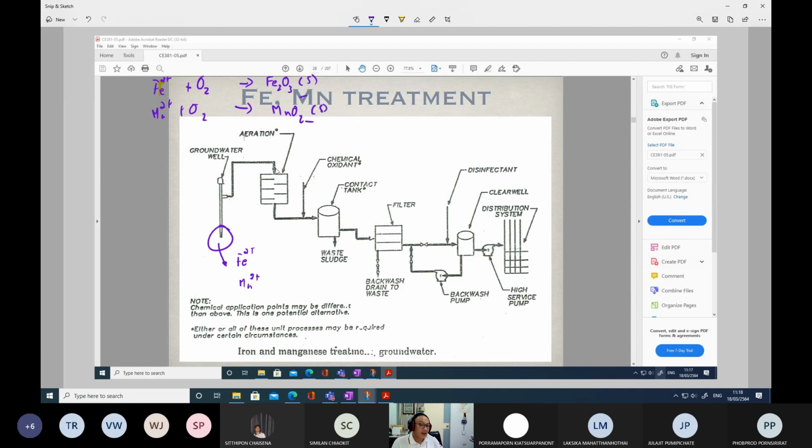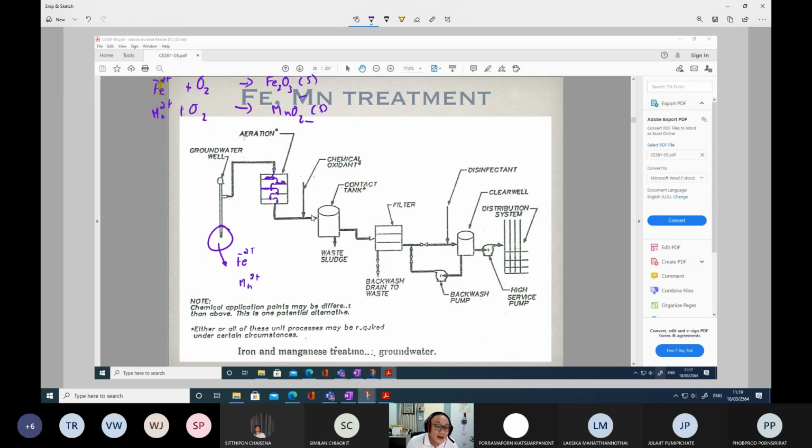So to expose the water like this, we allow water to pass through the trays. Water is pumped from the groundwater well and then flows to this unit. Water just flows over this tray and then falls to the second tray and then again falls to the third tray like this. So as the water flows, it has a chance to be exposed to the oxygen. Oxygen can get dissolved into this water and react with the iron and manganese, so it becomes the precipitated form.